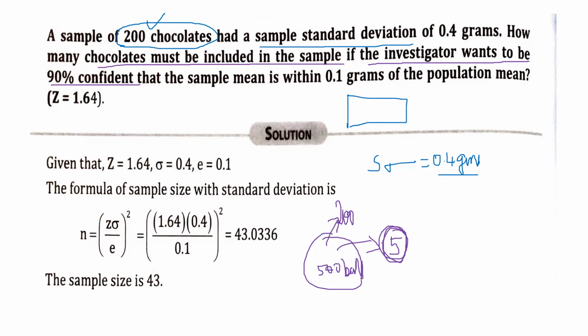Out of that, how many should I pick so that I am 90% very, very sure that the mean, the X bar value of these chocolates, let's say for example this chocolate is 0.1 grams. So if the investigator wants to be 90% confident that the sample mean is within 0.1 grams of the population mean.